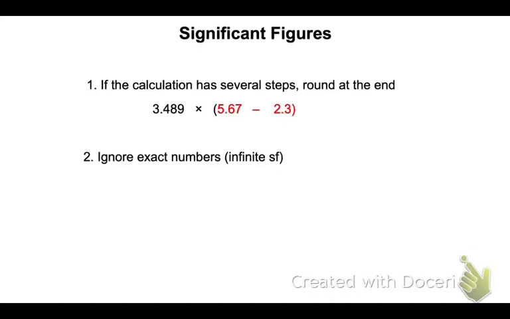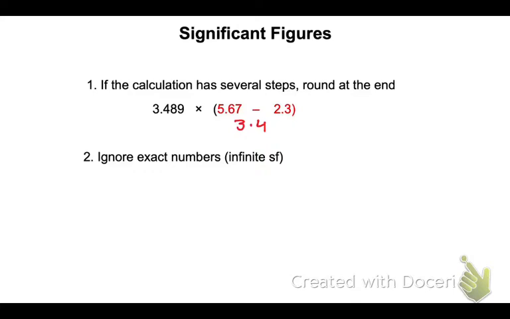So now the subtraction, okay, if you take these numbers to your calculator, 5.67 minus 2.3, and you want to report 1 decimal place, then you're gonna have to report 3.4. Now 3.4, you're gonna have to multiply that by 3.489, and that will give you a number with many digits in your calculator.